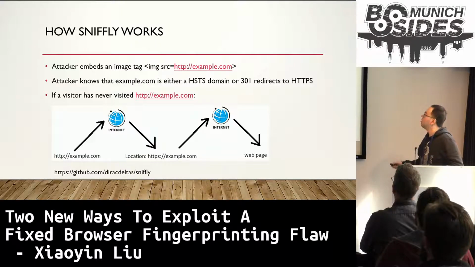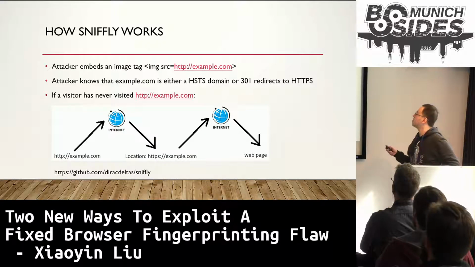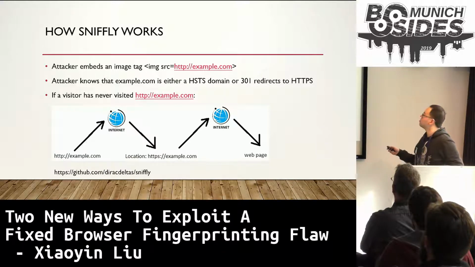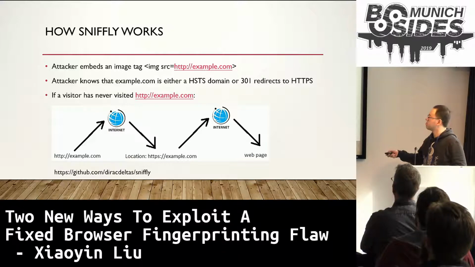But if you know that example.com is either an HSTS domain or it redirects from HTTP to HTTPS, then you can use that in an image tag. And if the user has never visited this URL, this is what happens.